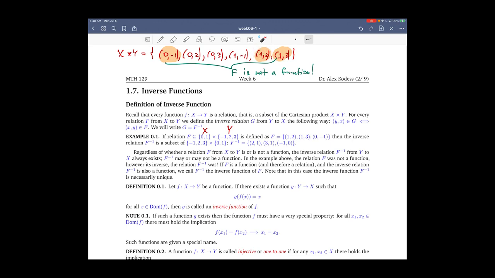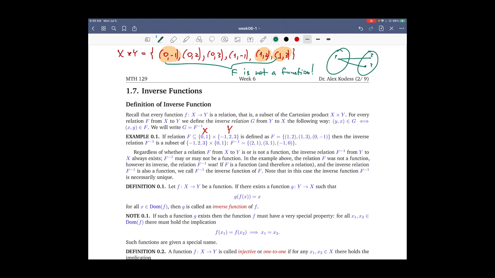And if you were to think of this as a function, you would have to assign to argument 1 two different values, 2 and 3. That makes F not a function.